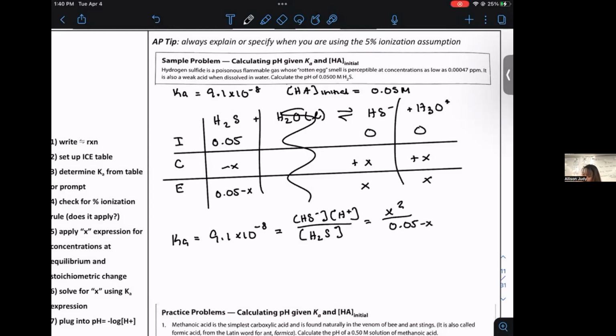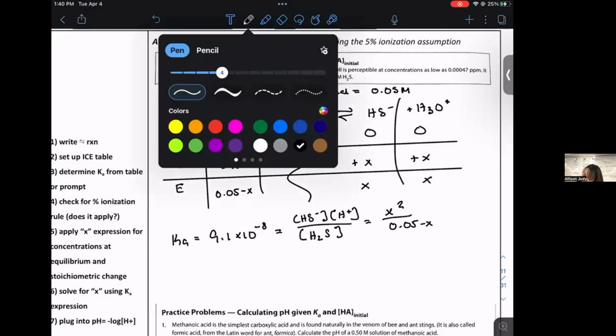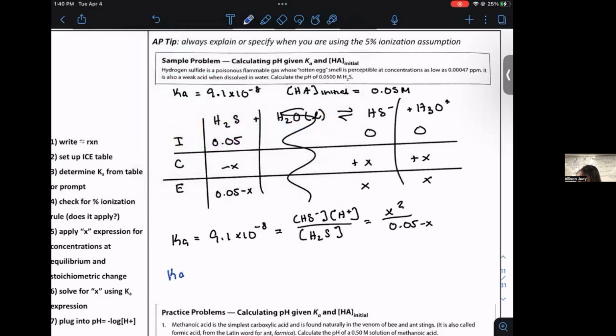But hold up, something to note is that Ka is at least 1,000 times smaller than my concentration. 10 to the negative 8th to 0.05, that's barely going to offer any acid ion for you. So we're going to say this is negligible. We're just going to get rid of that x, get rid of that x.